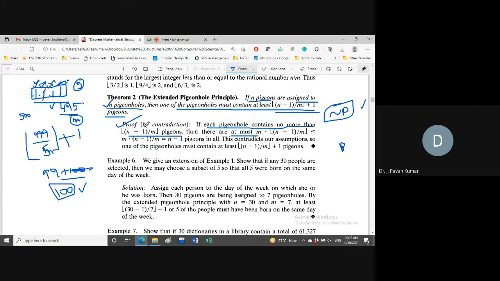M pigeonholes. So the total number of pigeons can be at most m times (n minus 1) by m, which is equivalent to m multiplied by (n minus 1) by m, which is nothing but n minus 1. So in total we would have only n minus 1 pigeons. But how many pigeons do we have?